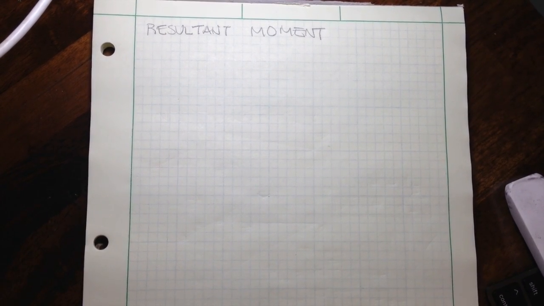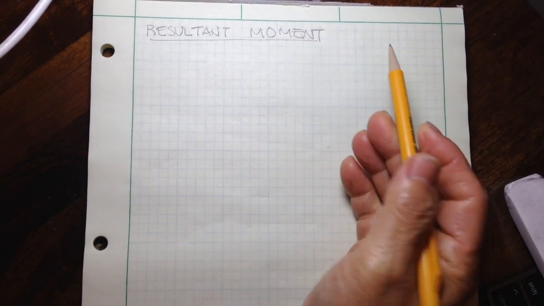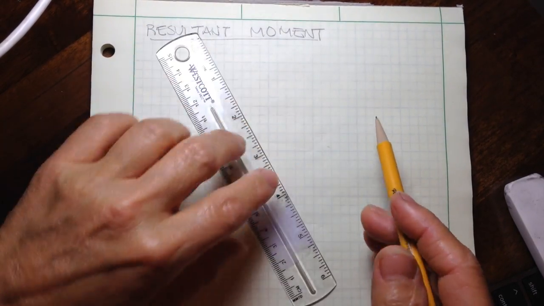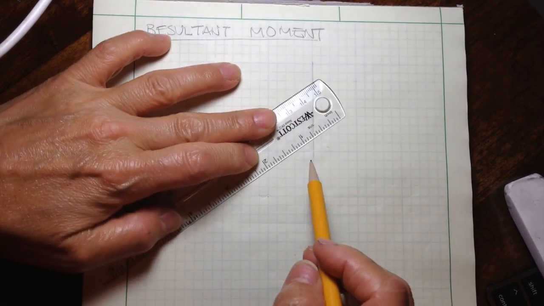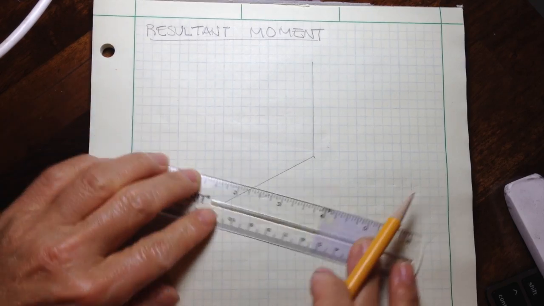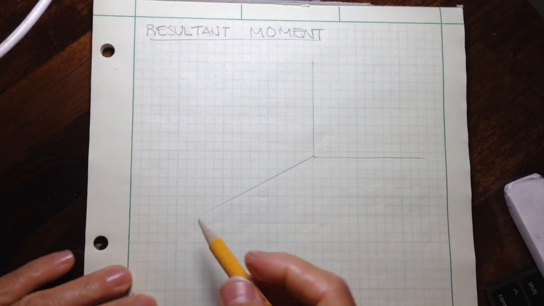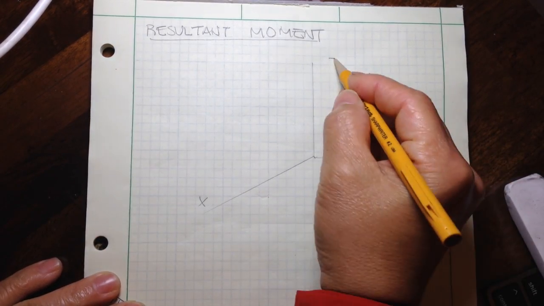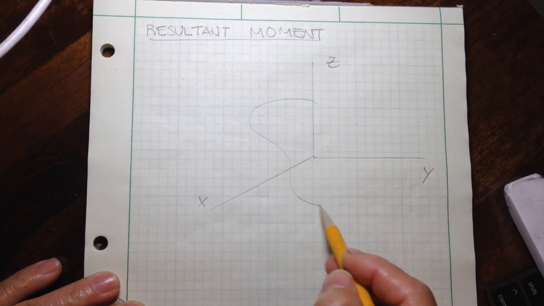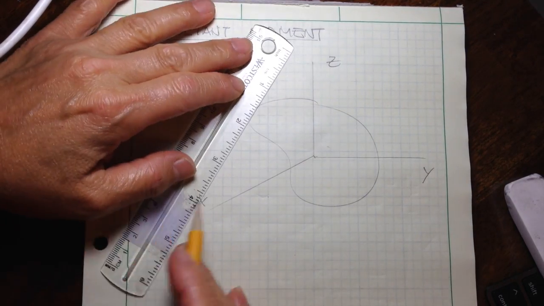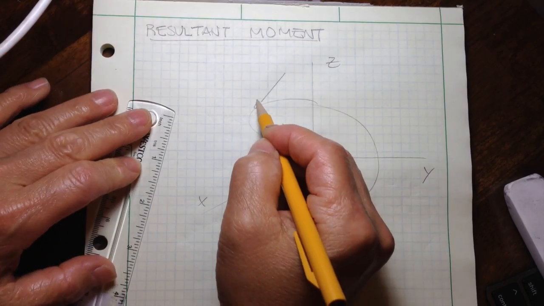Now what we want to do is calculate the resultant moment. That means within a given system, let's say x, y, z, there's some kind of 3D object, and there are multiple forces being applied to it.